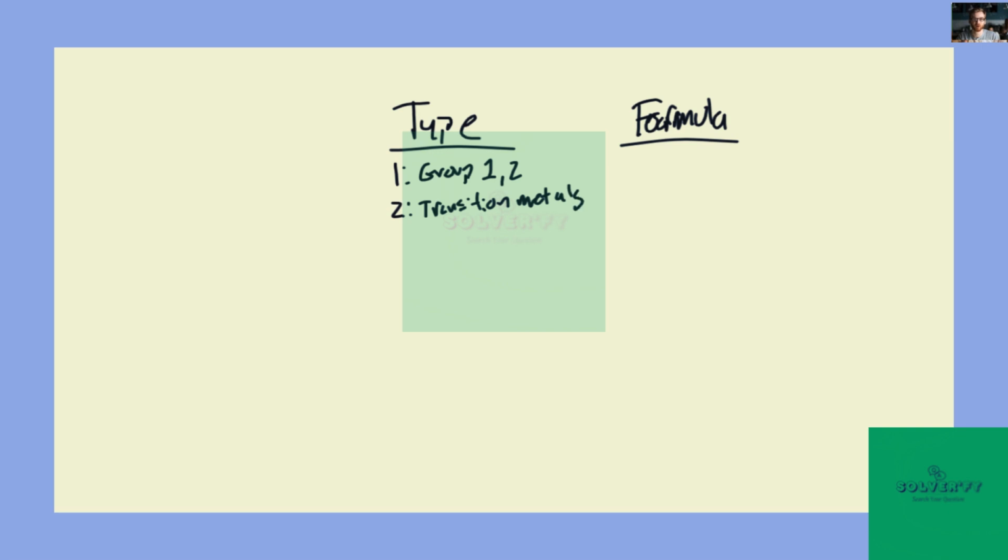There are some exceptions to this. For example, silver is always +1. Although in this particular example, I don't see any of those exceptions. So for our purposes, group 1 and group 2 will be type 1, and then transition metals will be our type 2 metals.